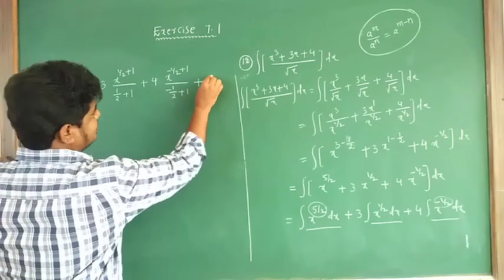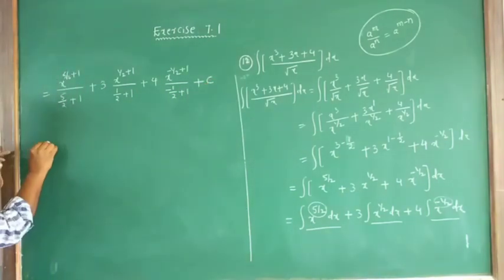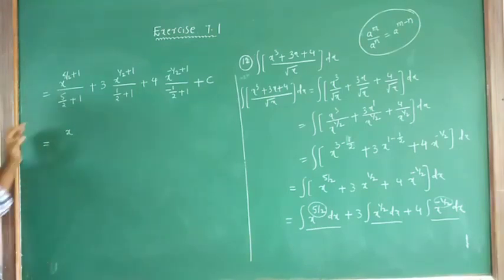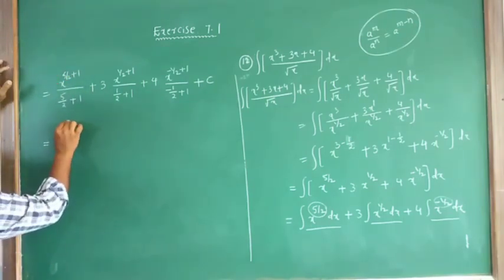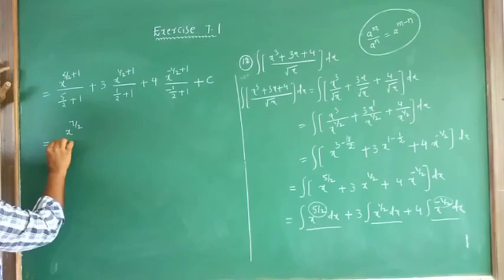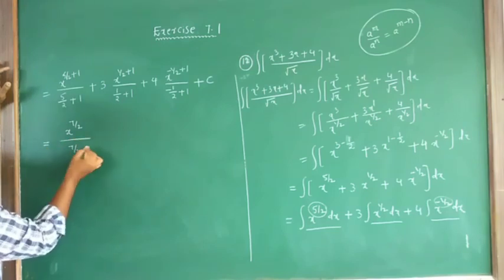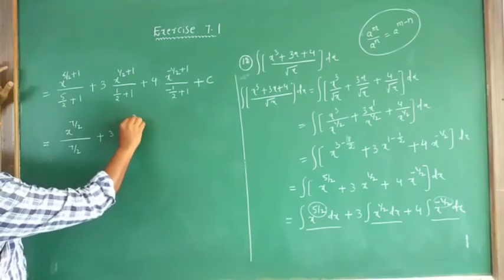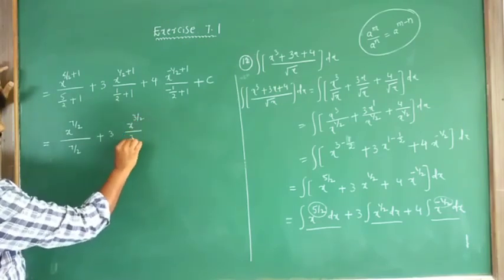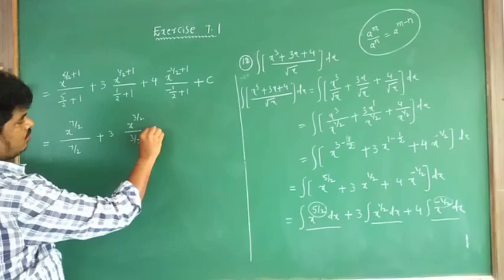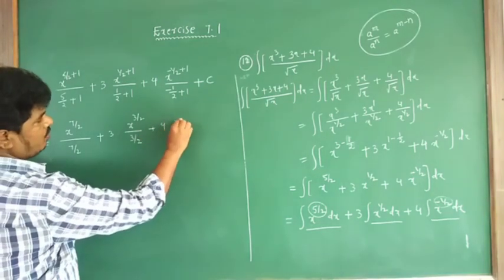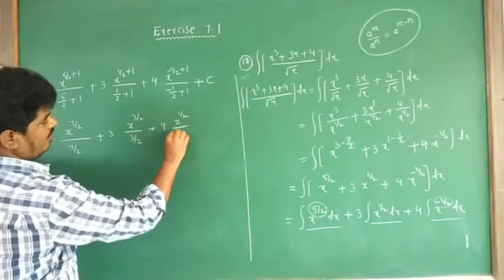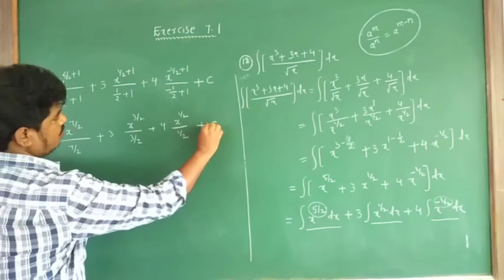Now this is equal to x to the power of 5 by 2 plus 1, that is 7 by 2, divided by 7 by 2, plus 3 into x to the power of 3 by 2 divided by 3 by 2, plus 4 into x to the power of 1 by 2 divided by 1 by 2, plus c.